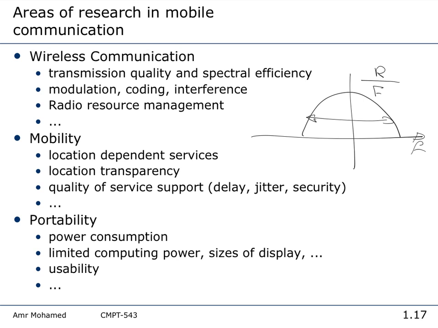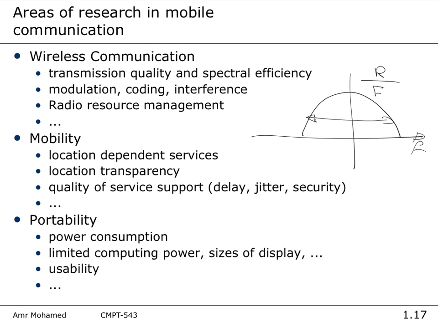I can use different modulation and encoding mechanisms to represent the digital signal using a wireless signal in a specific frequency range. So spectral efficiency talks about the fact that the more data I can send in this bandwidth, the better. Right?